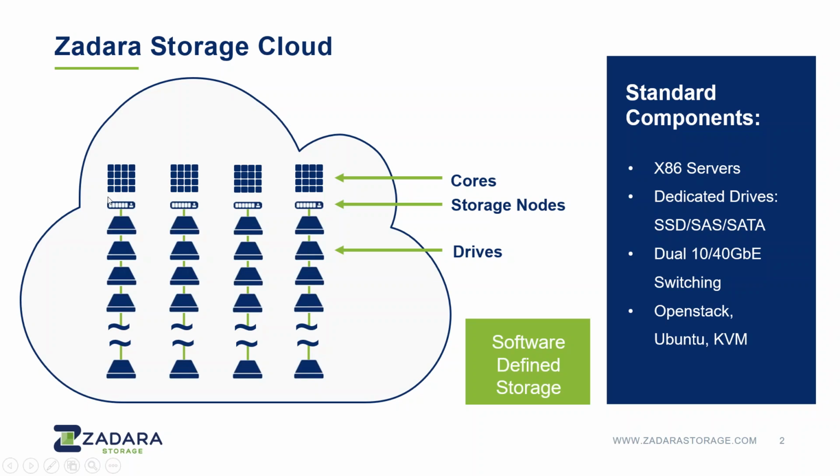So these can be x86 servers, dedicated drives, so it can be SAS, SATA, SSD, and dual networking. So everything's HA, highly available, redundancy is built into the cloud itself, and also the networking, the drives. And what makes that all possible is our software, which is OpenStack based and runs on Ubuntu KVMs.